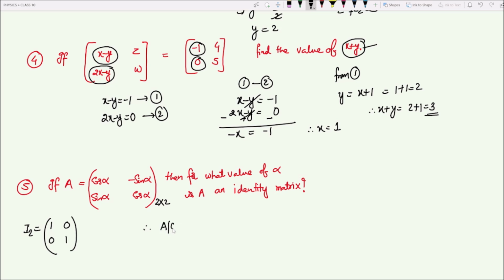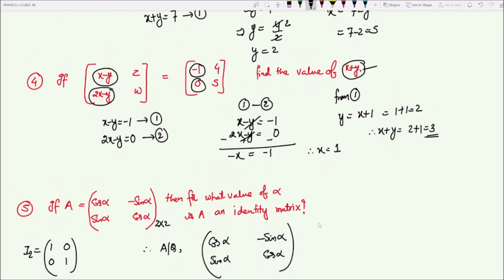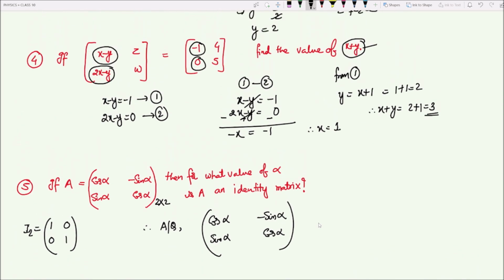According to the question, cos alpha, minus sin alpha, sin alpha, cos alpha should be equal to the identity matrix, that is 1 0 0 1.